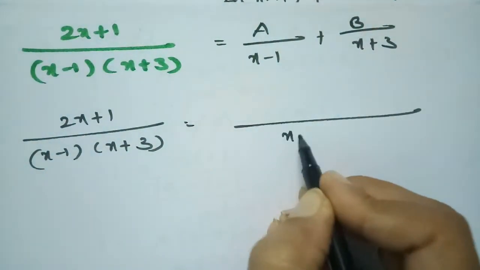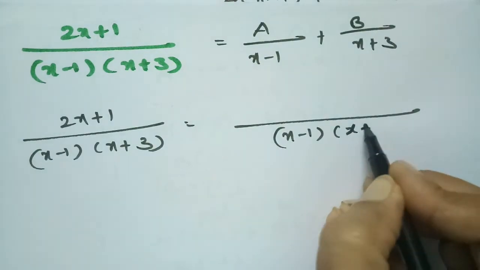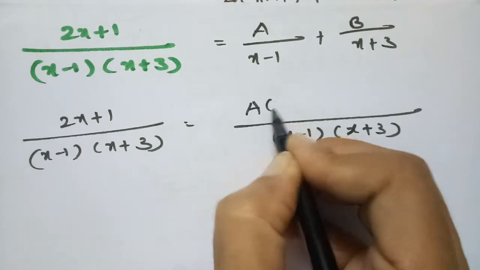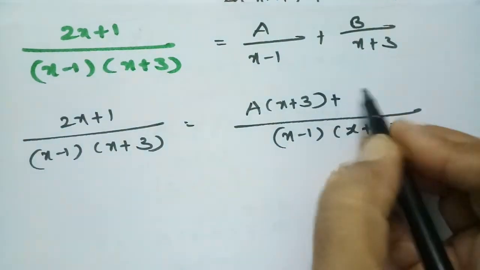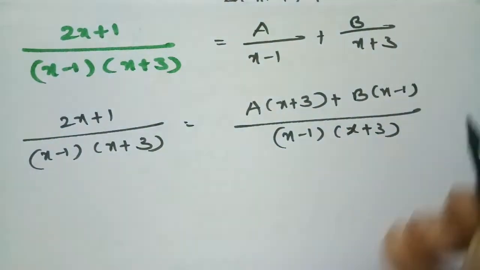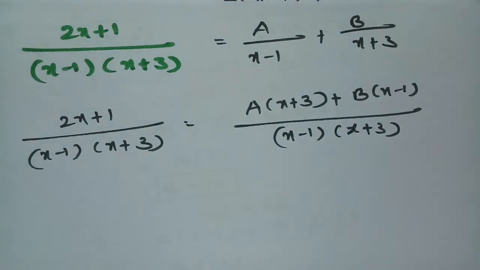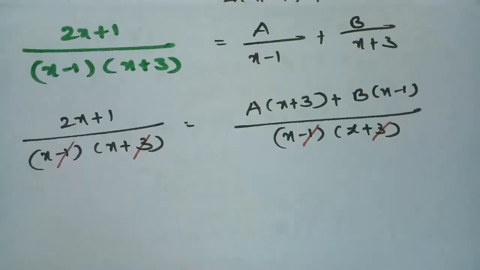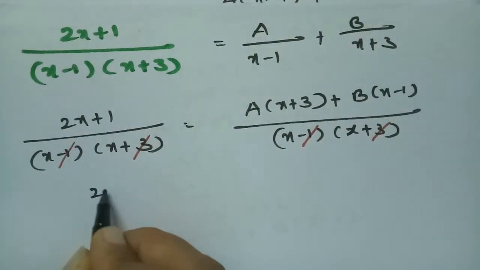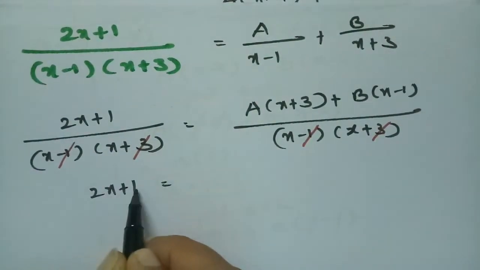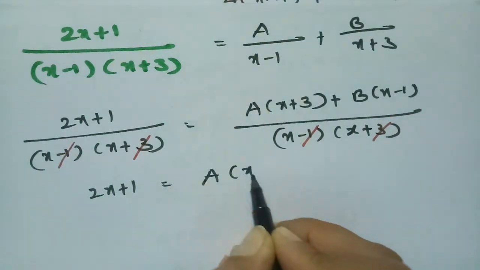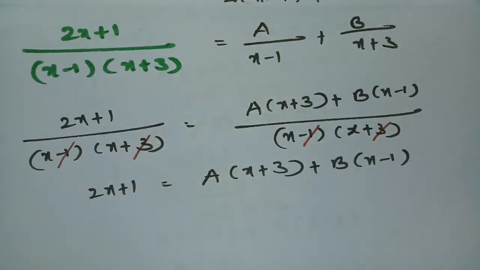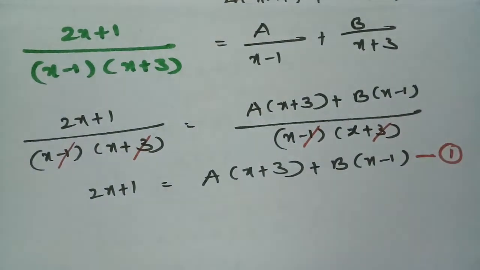If I cross multiply, this is a into x plus 3 plus b into x minus 1. If I cancel x minus 1 on both sides and x plus 3 on both sides, what remains is 2x plus 1 is equal to a into x plus 3 plus b into x minus 1, and this is equation number 1.